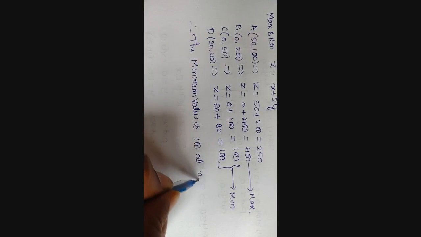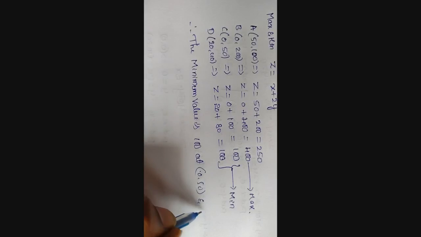Therefore the minimum value is 100 at 0 comma 50 and 20 comma 40.